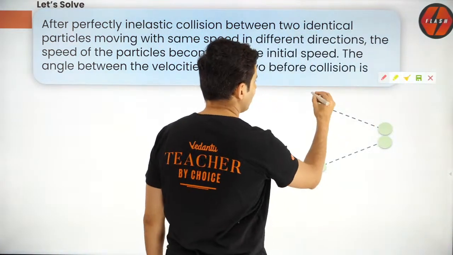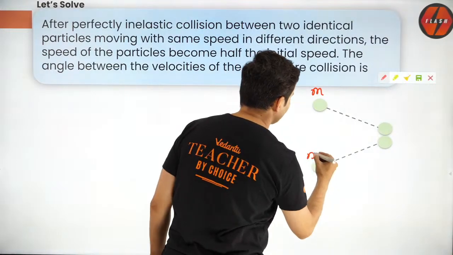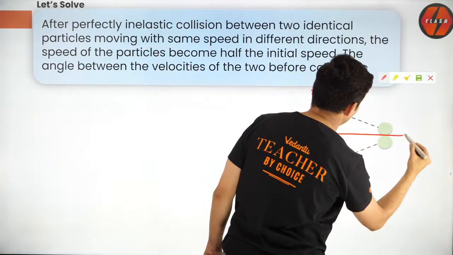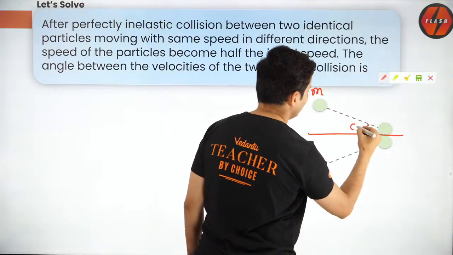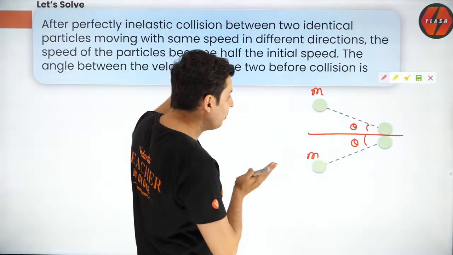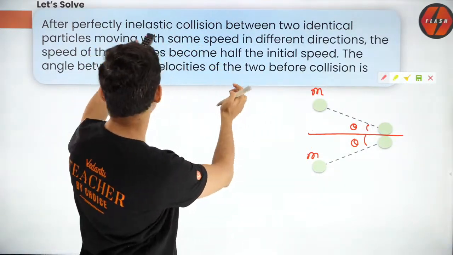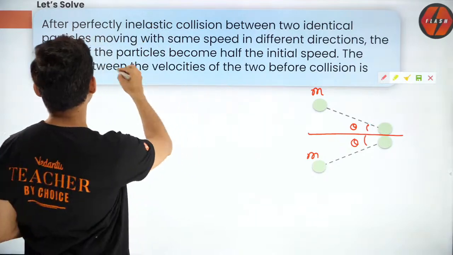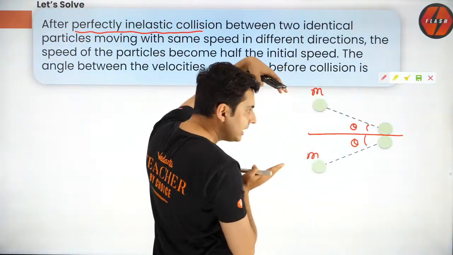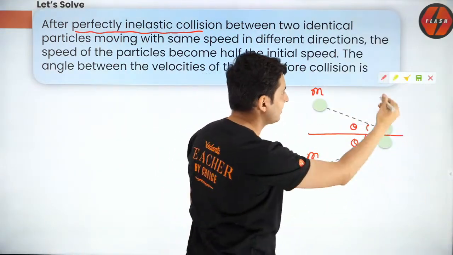See guys, these two masses are equal. Let's say the angle between them is 2 theta. Let's figure out how much theta is. They both come and undergo a perfectly inelastic collision. That means they stick together, and once they stick together, they will move along the x-axis.